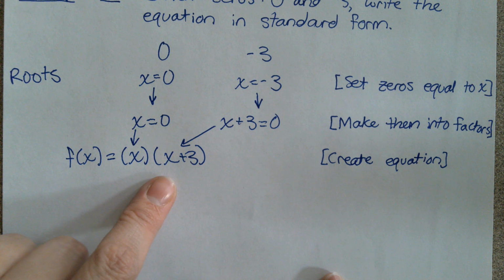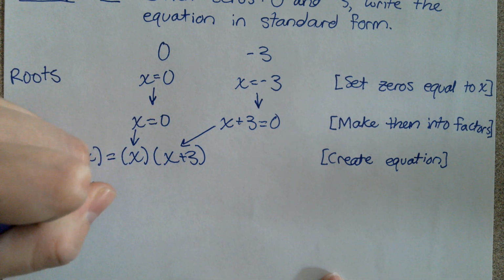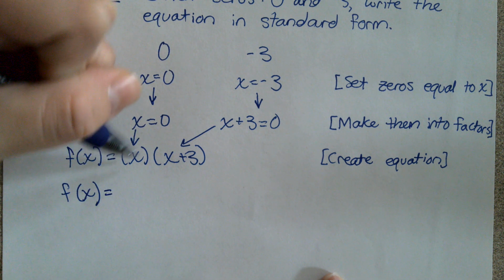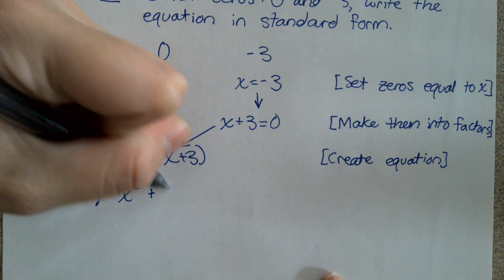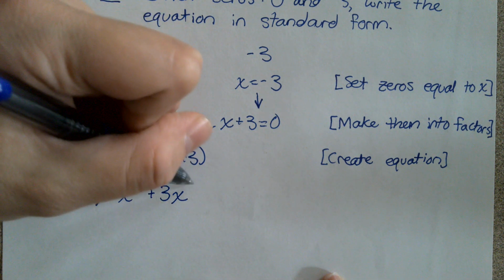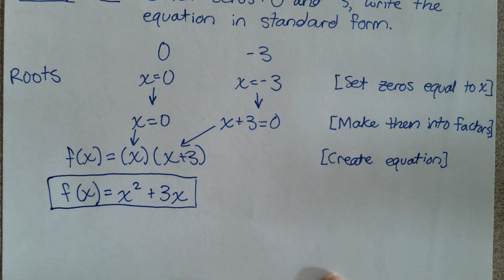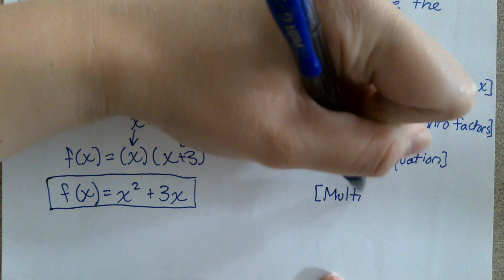This would be considered factored form. We have to multiply this back together. So we're going to distribute this x into here. X times x is x squared. X times 3 is 3x. That is our final answer. And for this step, all we did was multiply.